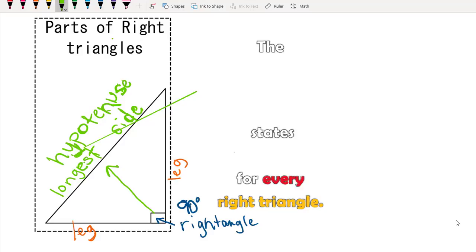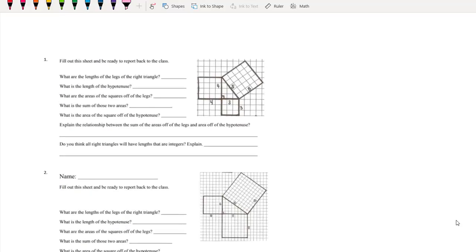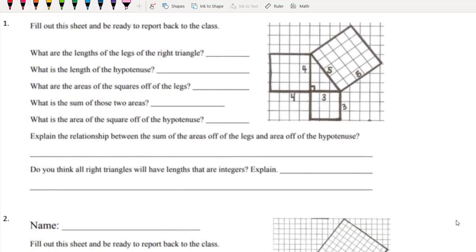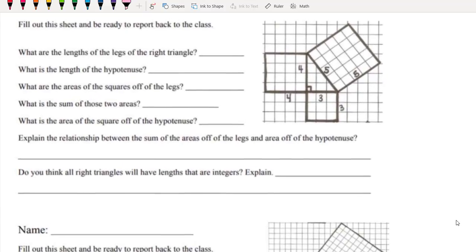With that, we're going to switch over to this page, and you will find these in your OneNote. All right, so looking at this first question, what are the lengths of the legs of the right triangle? The legs are the ones that form the right angle.